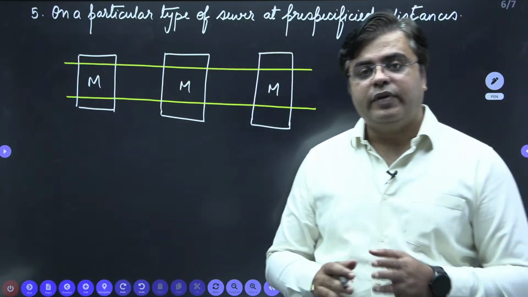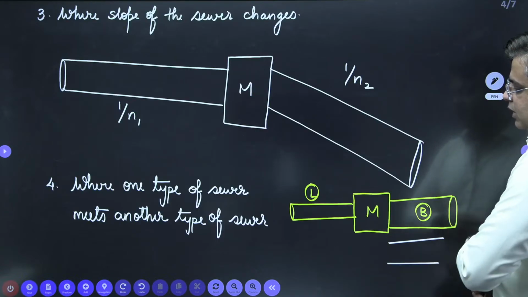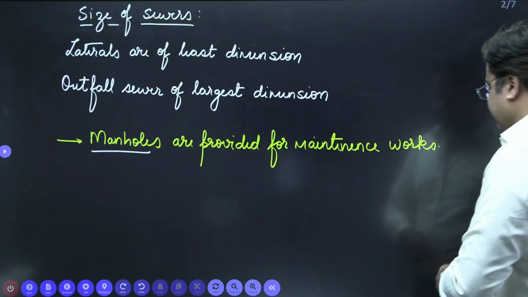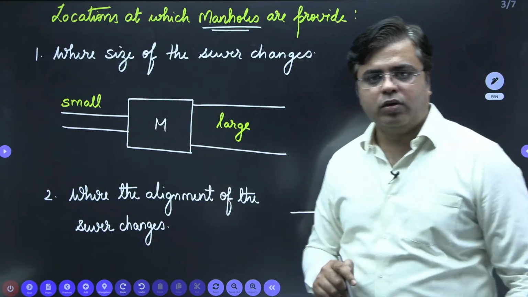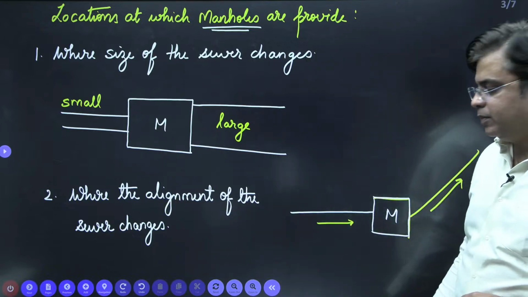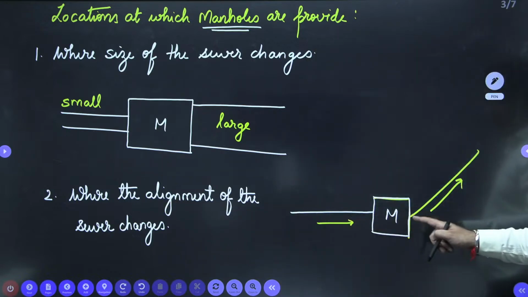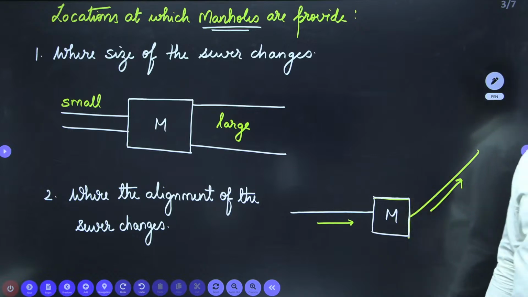First is where the size of the sewer changes. So whenever the size of the sewer changes, means a smaller size sewer is connected to a larger size sewer, there you need to provide a manhole. The second is whenever the alignment of the sewer changes, means if the direction of the sewer pipeline is changing, then it has to be done using the manhole.